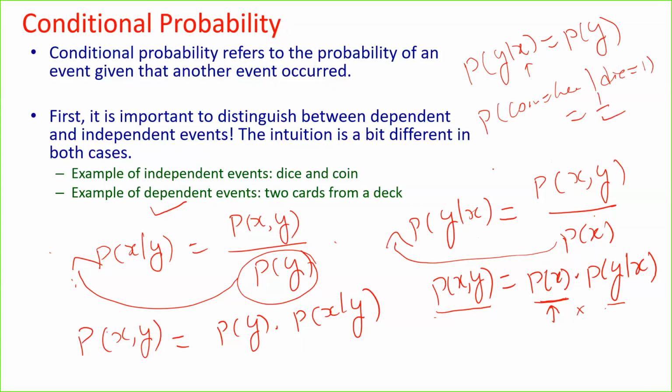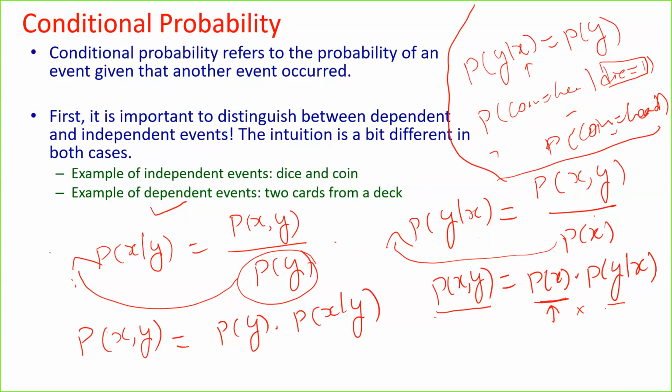And probability of coin equal to tail given die equivalent to 2? Also 1 by 2, irrespective of the die value. So probability of coin equal to head given die equivalent to 1 is probability of coin equal to head, when the events are independent.